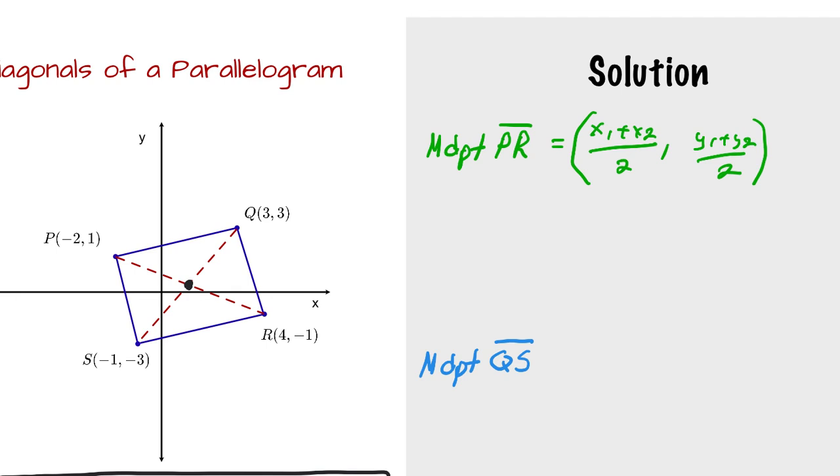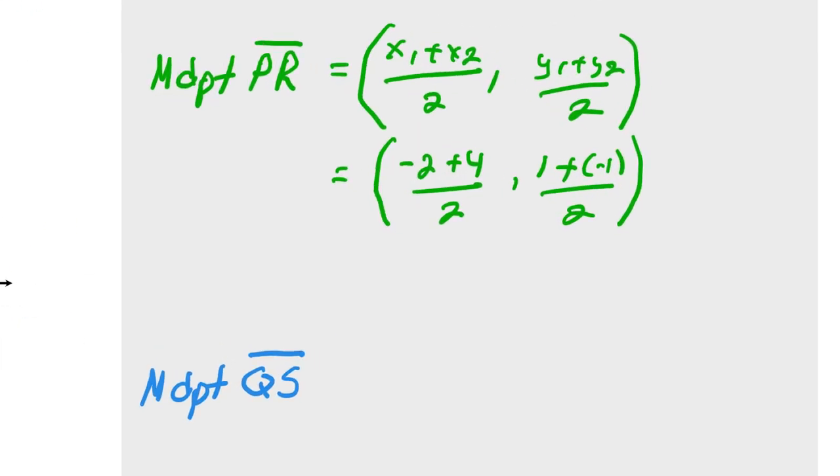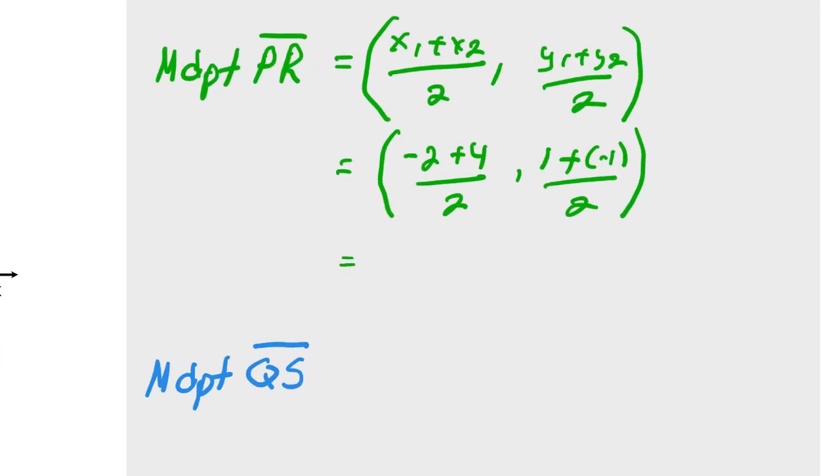So P and R would become -2 plus 4 all over 2 and 1 plus -1 all over 2. So that is 2 over 2 and 0 over 2, which is 1, 0.